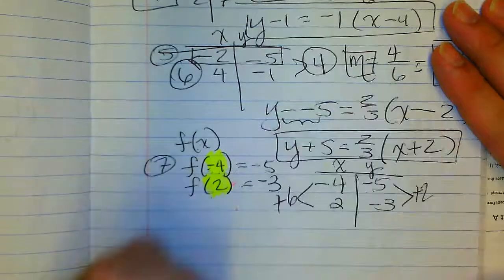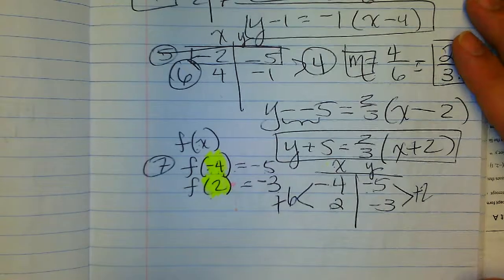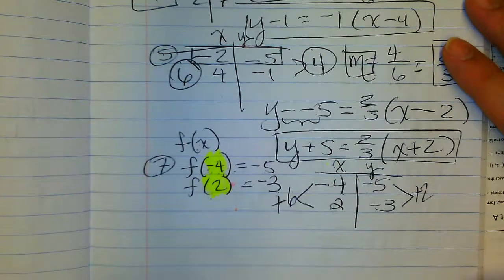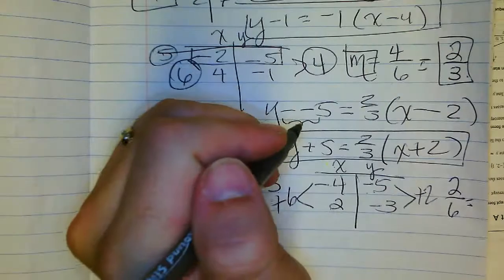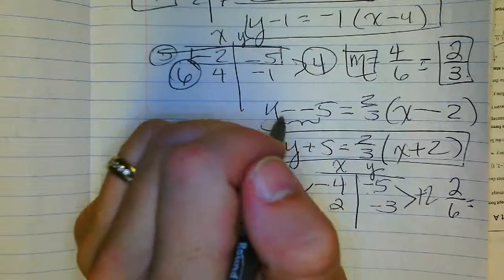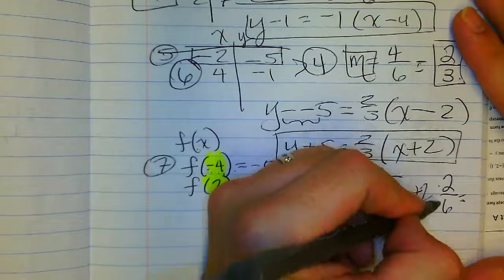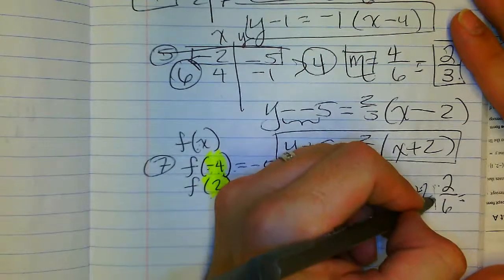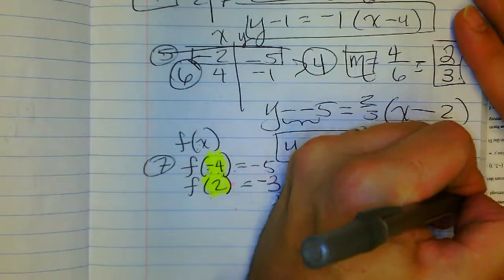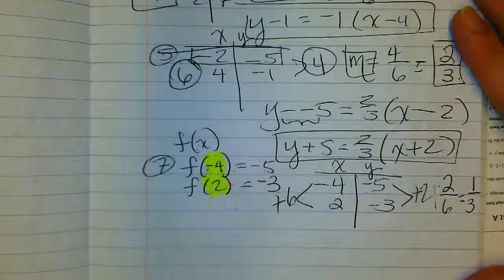So Maria, what would you put as your slope? 2 over 6. That's exactly right. All right, so 2 over 6. Miss Tanya, 2 over 6, what is that? 1 over 3. Very good, very good.